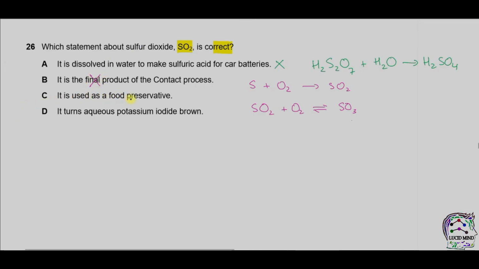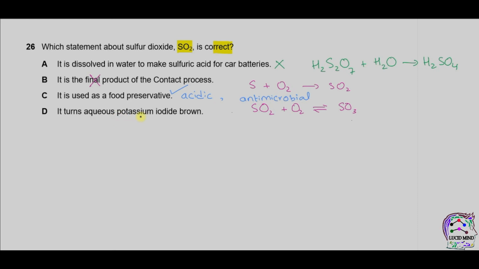C. It is used as a food preservative. Now sulfur dioxide is an acidic gas and it is also antimicrobial. So yes, this statement is correct.